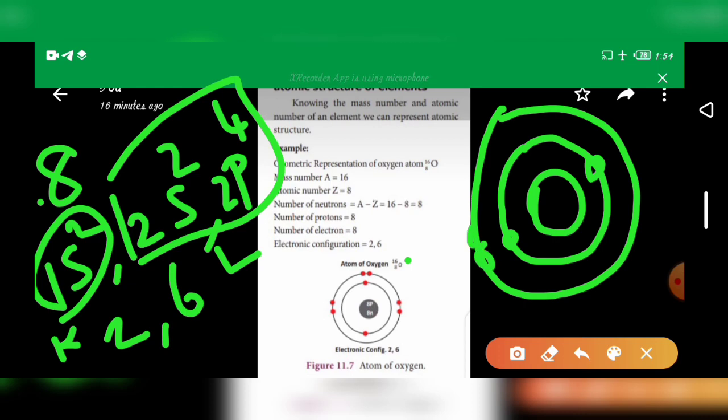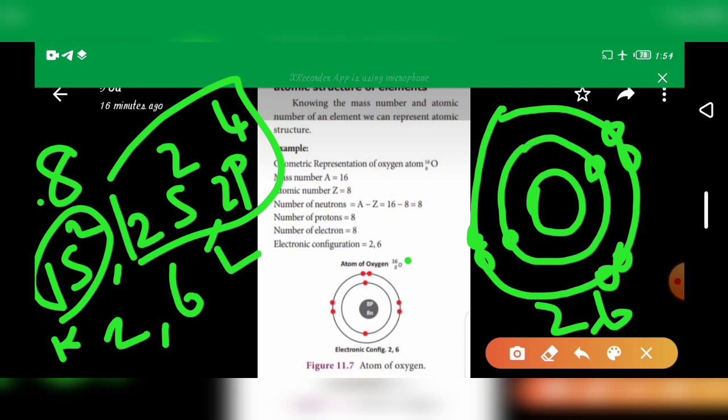So 2 here, 2 here, 2 here, wherever you place them in the second cell. So 6 plus 2 is 8 electrons. So you write it as 2, 6. Totally 8 electrons. This is the oxygen atom electronic configuration.